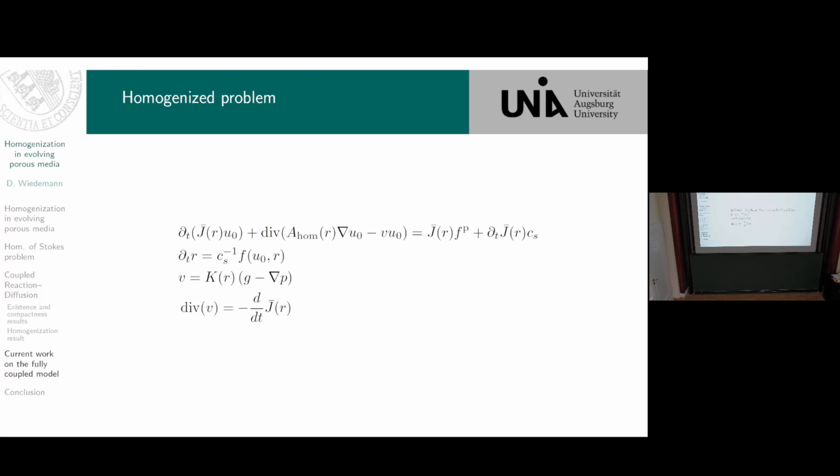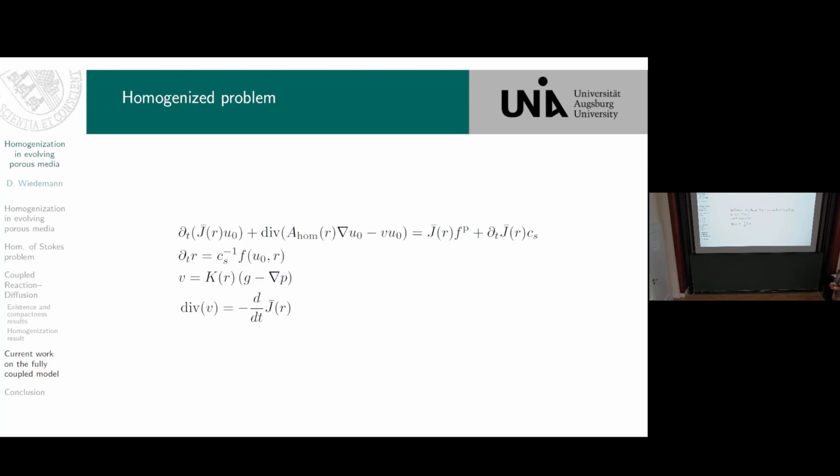And we have this limit result where all these quantities, so this permeability, are defined as here in the Stokes problem, and this effective diffusion equation as in this reaction-diffusion problem.